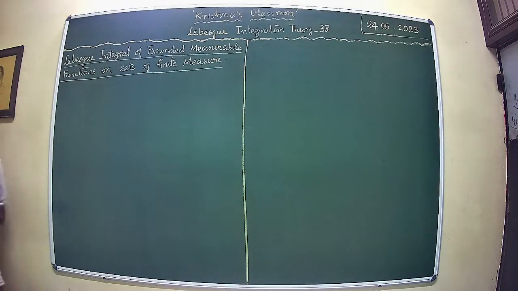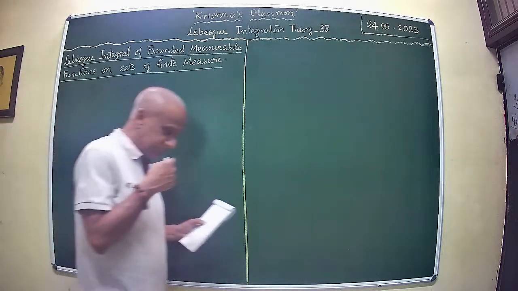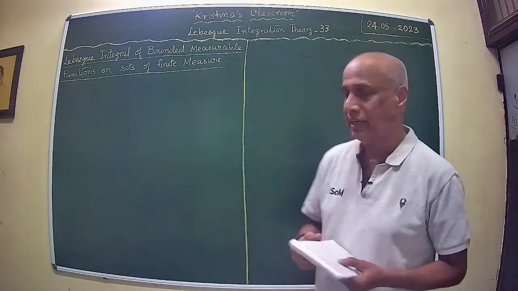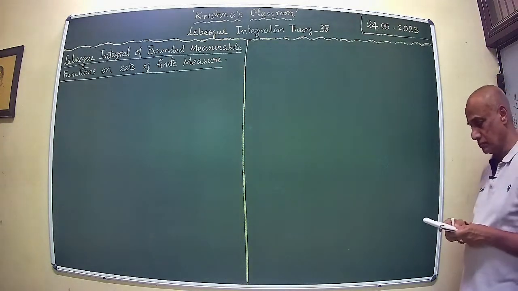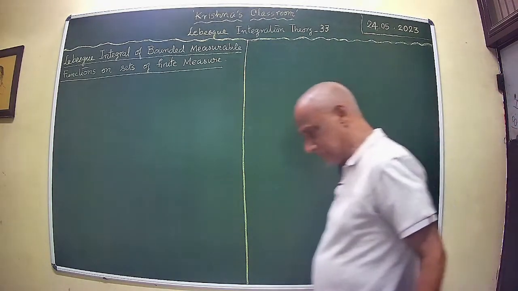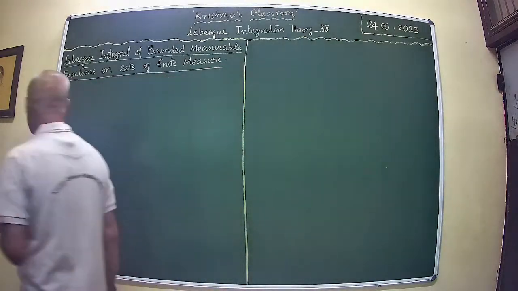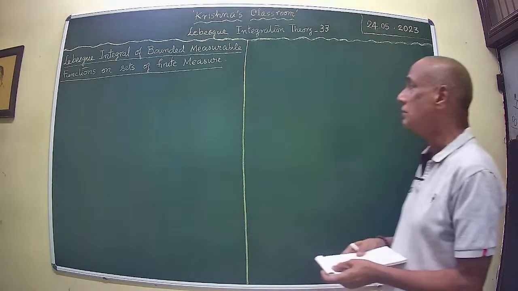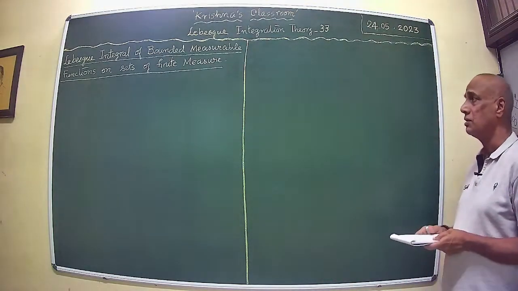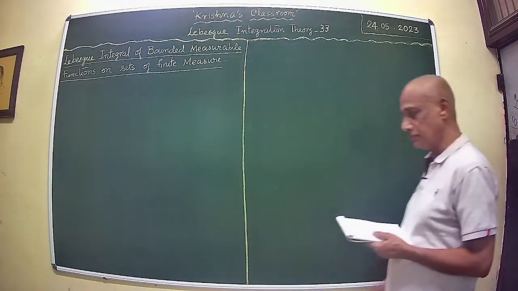We now take the next step in defining the Lebesgue integral. Recall that in the last lecture, we looked at the Lebesgue integral of simple functions on sets of finite measure.